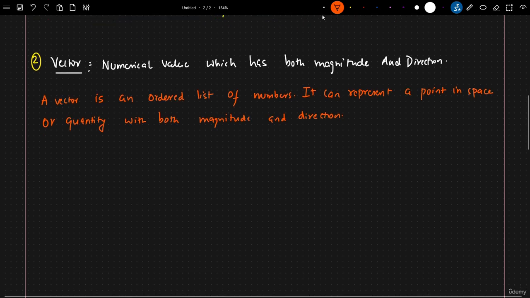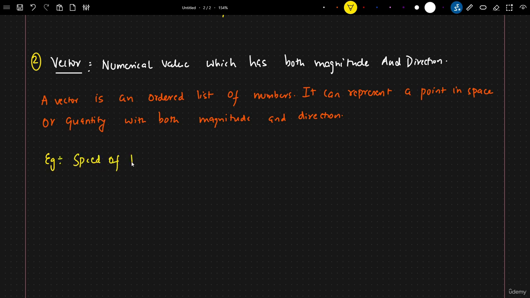Let us consider one example which we have earlier taken. The speed of the car is 45 kilometers per hour and it is moving towards the east direction.